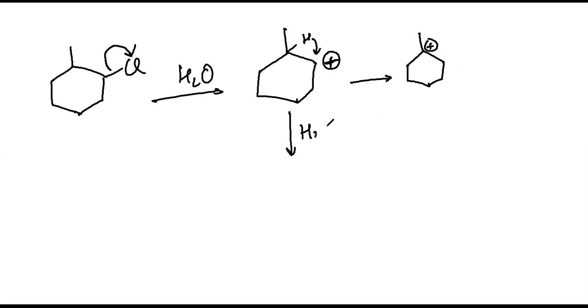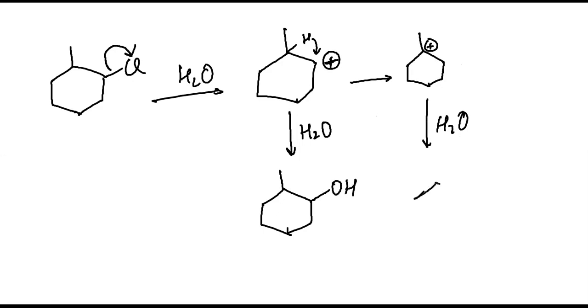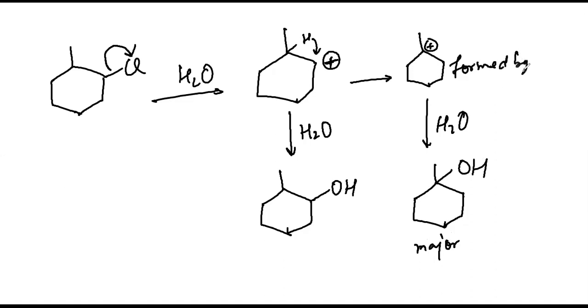As soon as this carbocation was formed, water could have attacked, so in that case you will get this product. Or you could have waited for the carbocation to get shifted and you would have got this. We call this the major product. Why? This is formed in the... wait a second. This is the more stable carbocation.